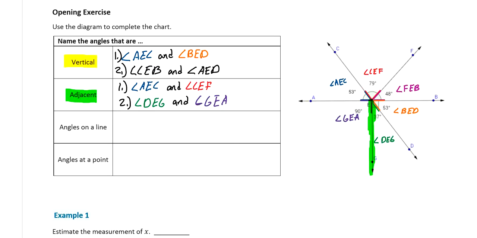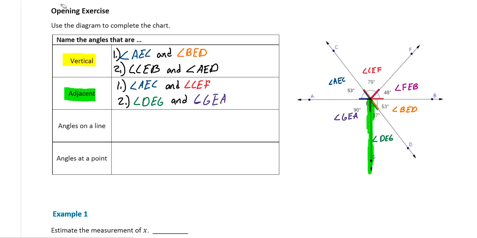There are also DEG and BED. Those are adjacent. BED and FEB are adjacent. FEB and CEF are adjacent. Whole bunch of adjacent angle pairs in this one. We don't have to list all of them though, just listing some examples.